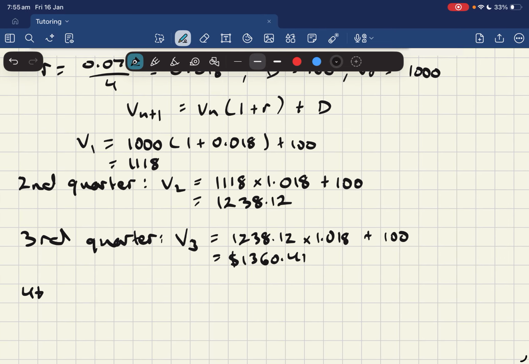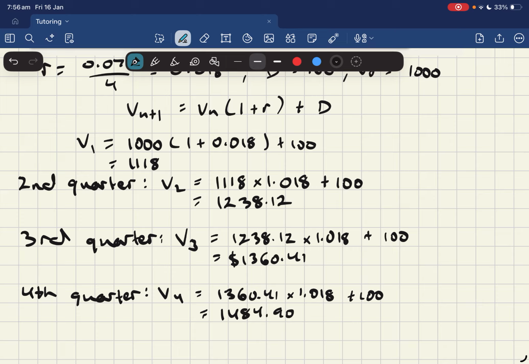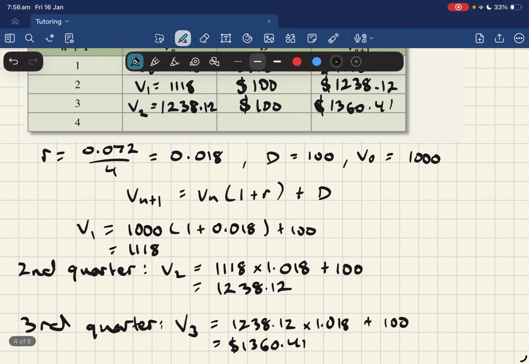So fourth quarter, V4 equals 1,360.41 times 1.018 plus 100. And that gives you 1,484.90. And I'm filling this into the table.